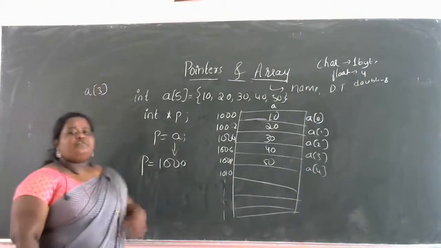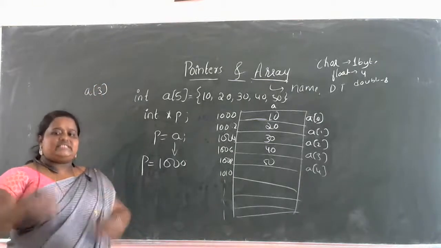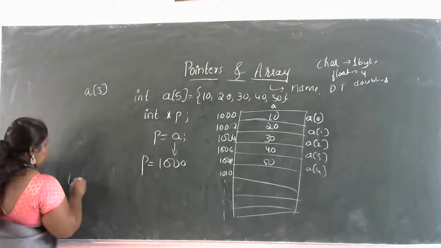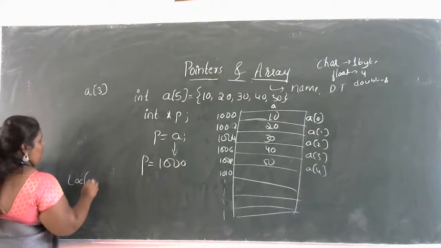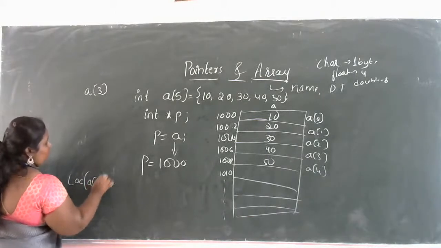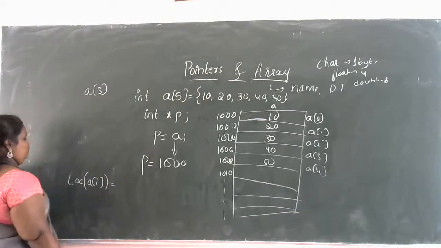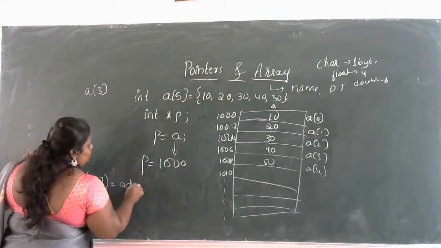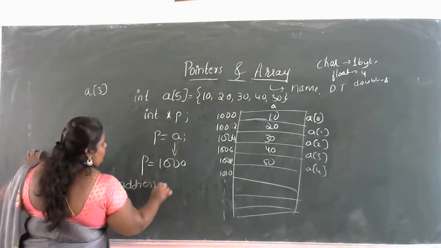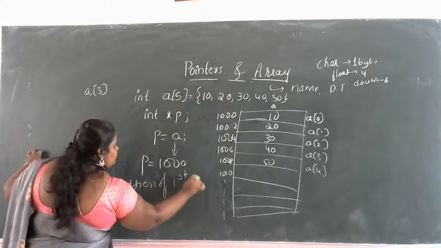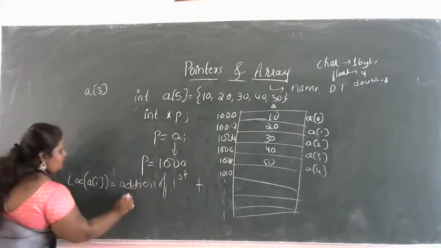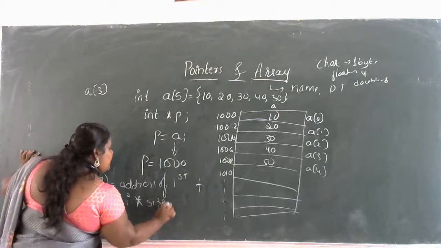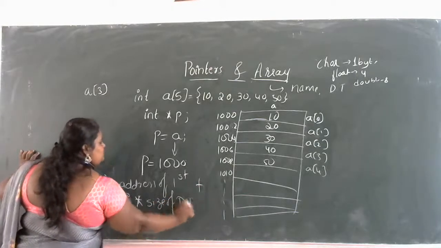Suppose you want to access the value in a of 3. How to access it? There is a formula, that is, location of a of I equal to address of first element plus I into size of data type used.